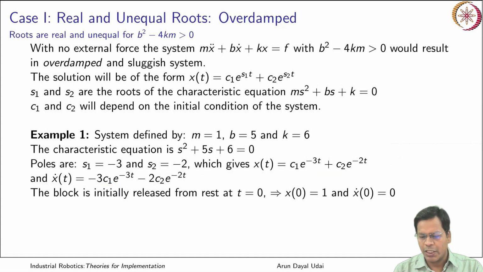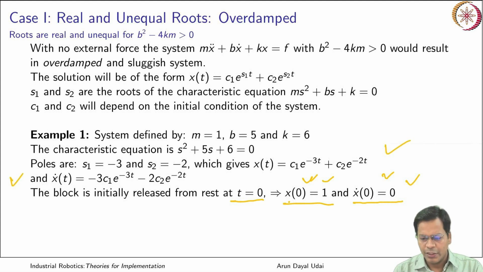Substituting the initial conditions, I know at time t is equal to 0, when the block was released, it has a displacement of some unit meter, so 1 meter. Okay, and then x dot 0 is equal to 0, that is initial velocity is 0. So this is how these two conditions can be put over here and here.